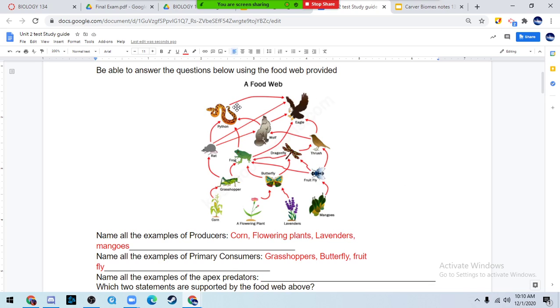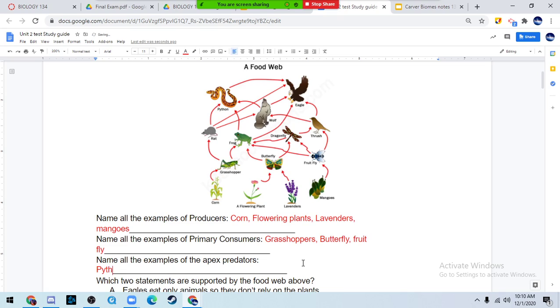If you look up here, the top of our food chain, if we follow these arrows, we have pythons and we have eagles. So pythons is one, eagles is another, and I would even accept if you also put down wolves. They're very high up the food chain.